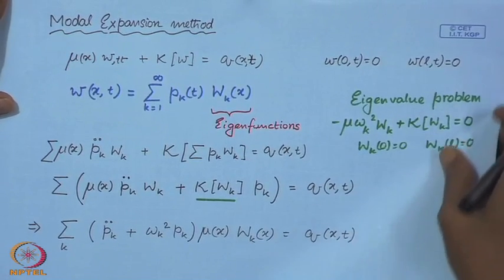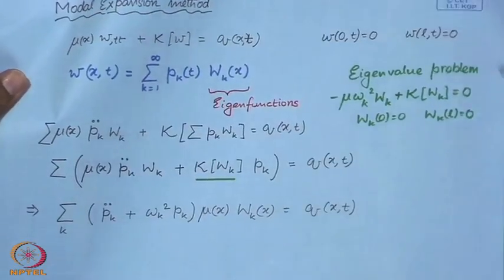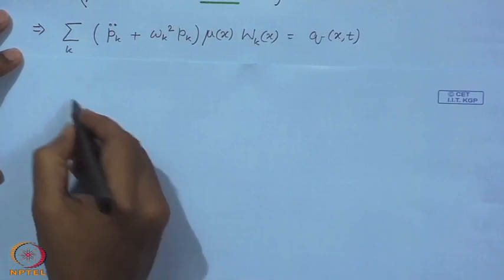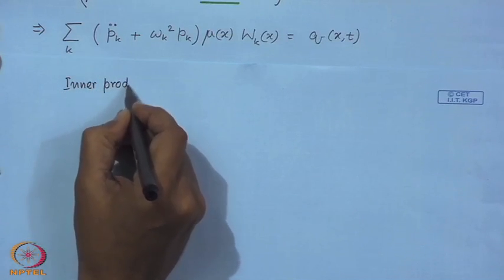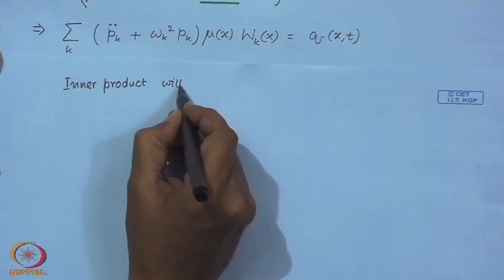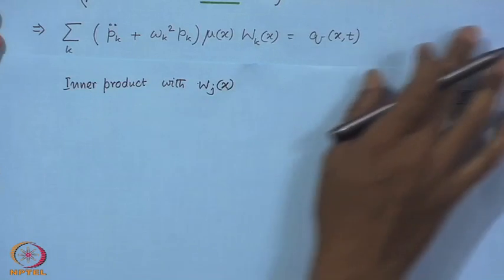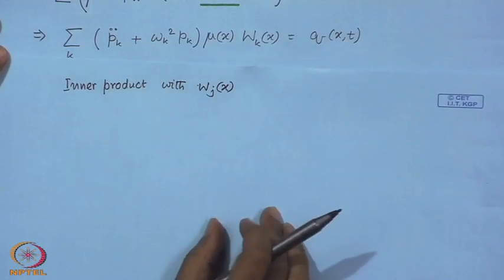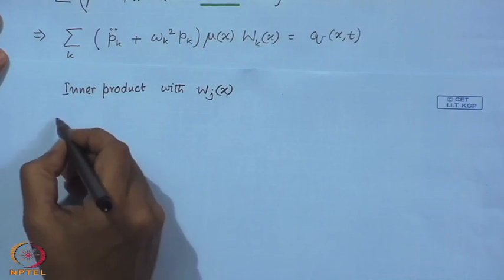Now, if I use the orthogonality condition, so I take the inner product, I multiply both sides of this equation with W_j and integrate over the domain of the problem.